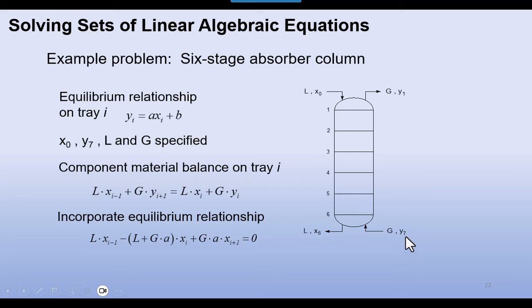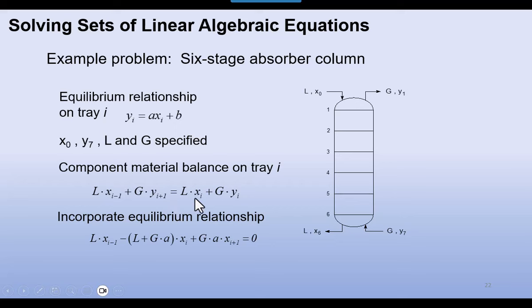And then we can write a component material balance for each tray of the column, which essentially says that what's exiting has to be equal to, to complete the material balance, the two entry streams.